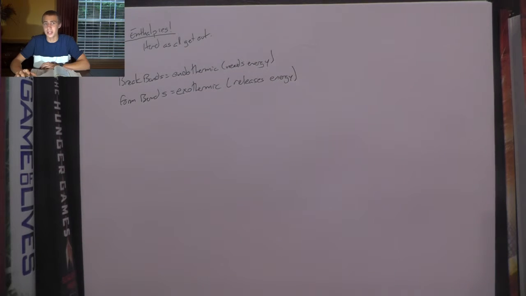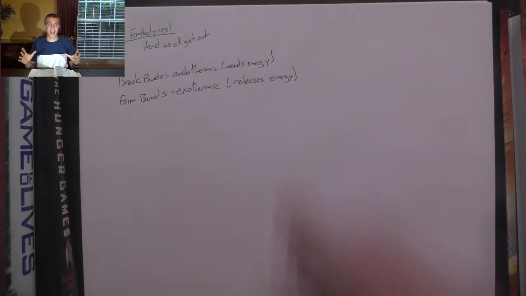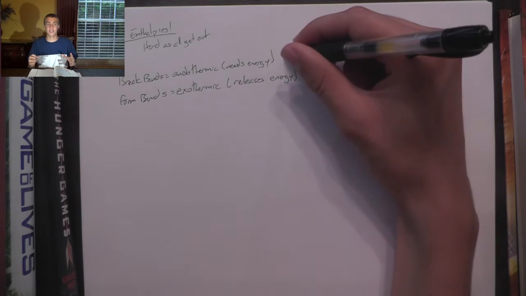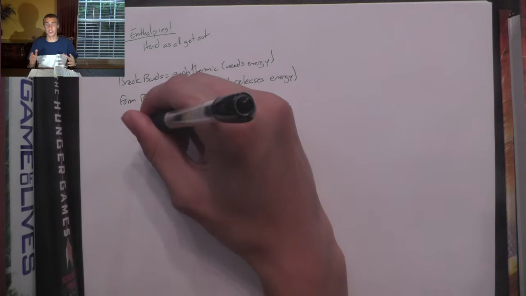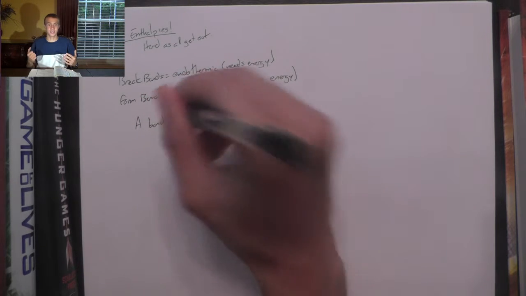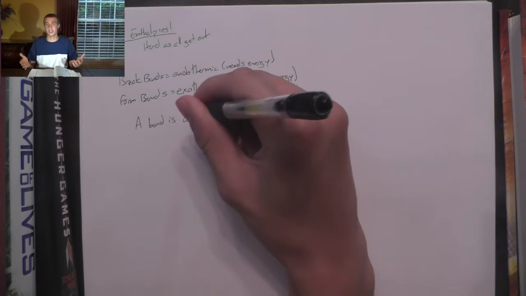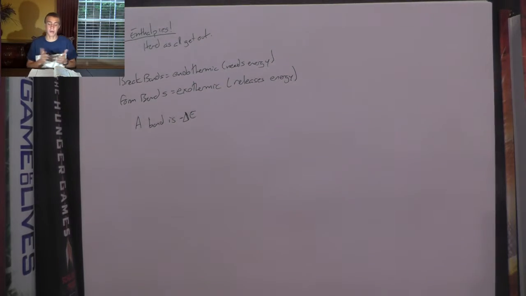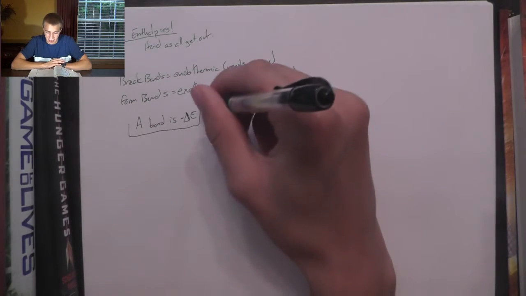So, breaking bonds is an endothermic process, which means bonds themselves have negative enthalpy. When two atoms bond together, the amount of heat total is reduced because they release heat. They're more stable. They don't need as much energy to just hang around, which is really nifty when you think about it.